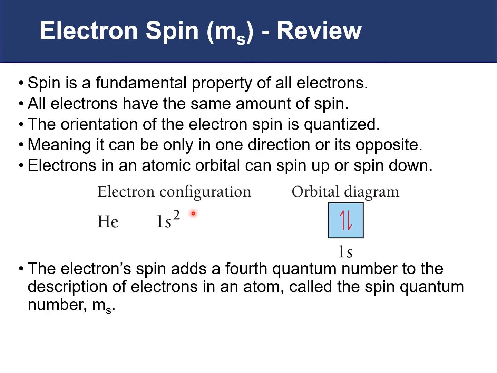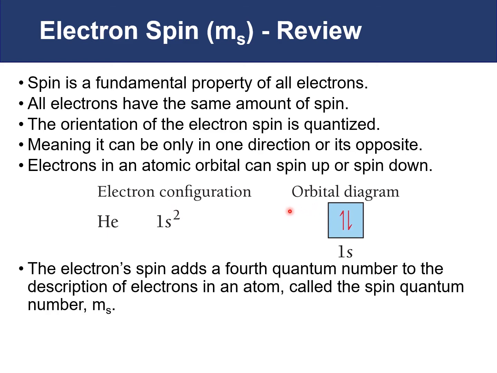For the M sub S, we then have two electrons, one that is spin up and one that is spin down. So our electron configuration is essentially saying that we have N equals 1, L equals 0, and it has two electrons in it. So it has one orbital and two electrons in it.